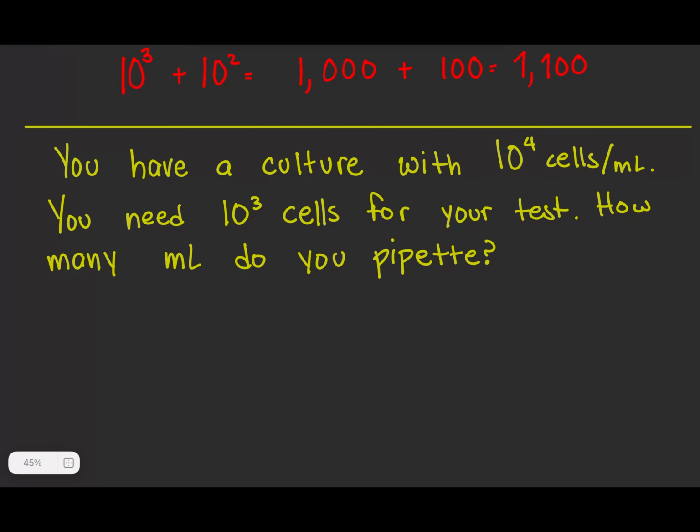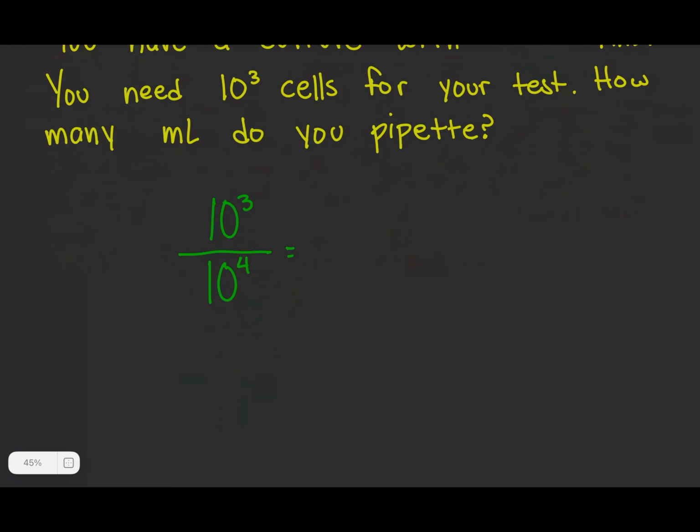So let's solve this one using our rule. To find the volume, we divide the amount we need by the amount we have. So we need 10 raised to the power of 3, and we have 10 raised to the power of 4. And by our rules of division, we will subtract these.